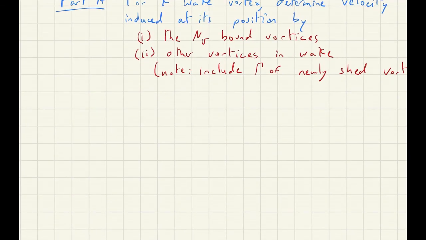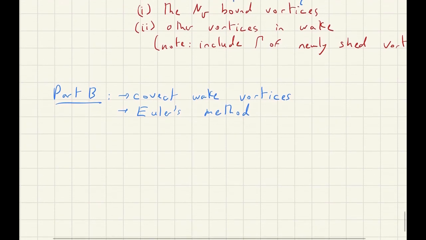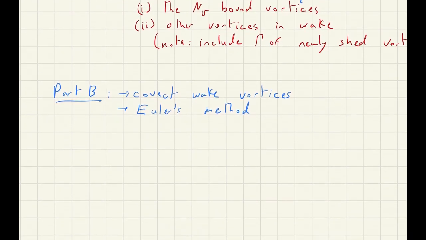And then after finding the velocities, you get to part B, which is convecting the vortices in the wake. Convect wake vortices. And for that, we use Euler's method. For a general Euler's method, let's say we have some arbitrary quantity x we want to propagate in time.